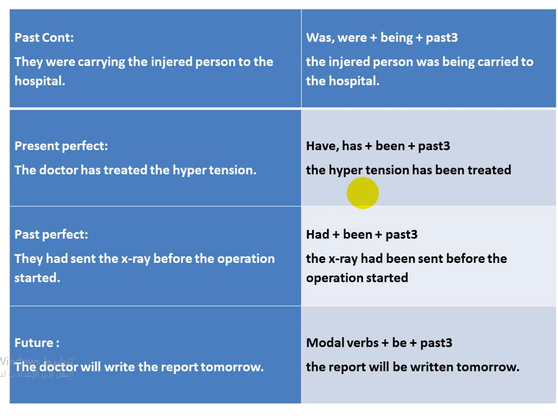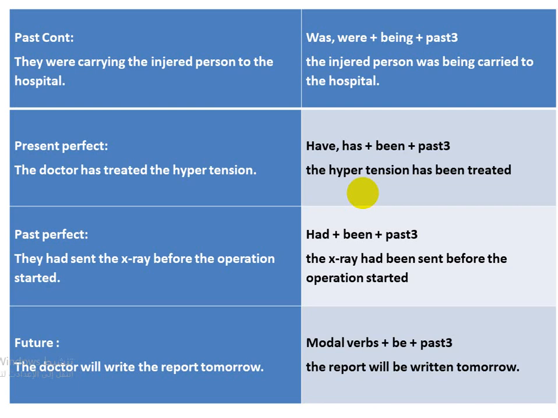That means present simple is am, is, are plus past participle. Past simple is was, were plus past 3, which is the past participle. Present continuous is am, is, are plus being plus past participle. Past continuous is was, were plus being plus past participle.